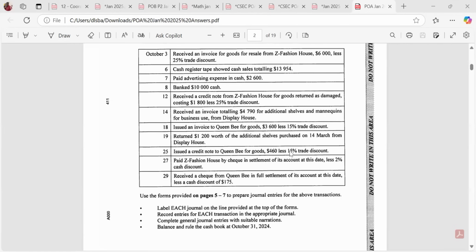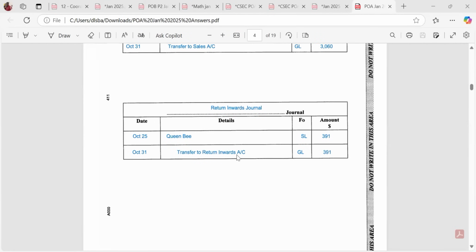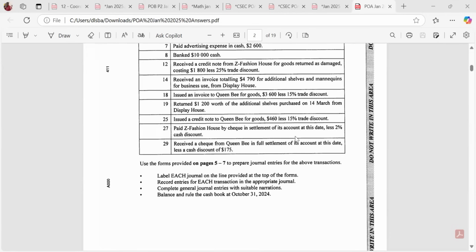Say it with confidence. Return inwards, correct. So we'll open a return inwards journal here. Date October 25th. Details Queen B. Folio is SL. So return inwards, folio is SL. Return outwards, folio is PL. And it had a discount, 15%. So we have to subtract that 15%, right?